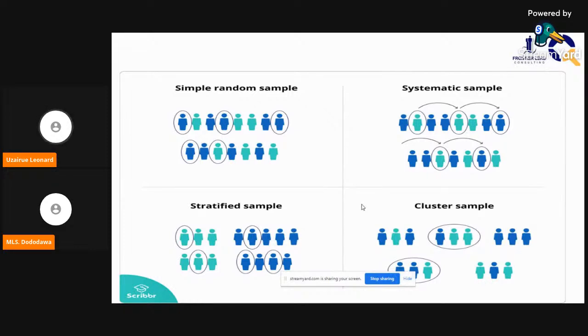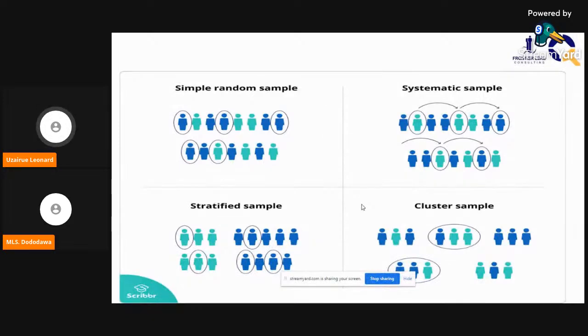Now, to explain this further, I want to use an example. Let's say there are 10 schools within a country, and within each of these schools they have roughly the same number of pupils, the same gender mix and the like. You may not have the capacity to travel to every one of those schools to collect your data.